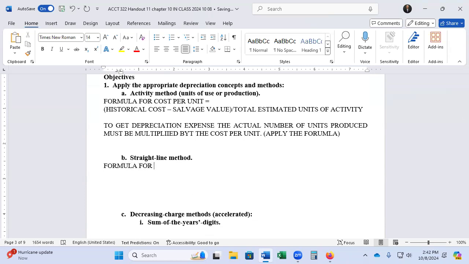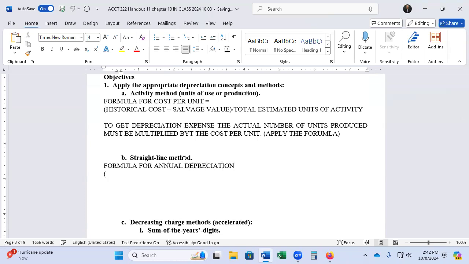So the formula for annual depreciation: historical cost minus the salvage value divided by the useful life.